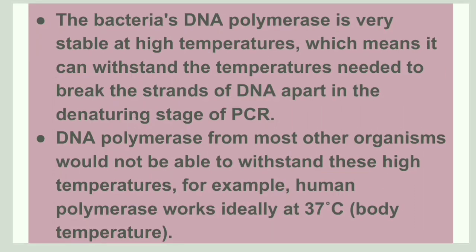The Taq DNA polymerase can withstand a high temperature. It doesn't mean that all the DNA polymerases can withstand this temperature. The DNA polymerase that is isolated from human can only withstand up to 37 degrees Celsius, that is a body temperature.